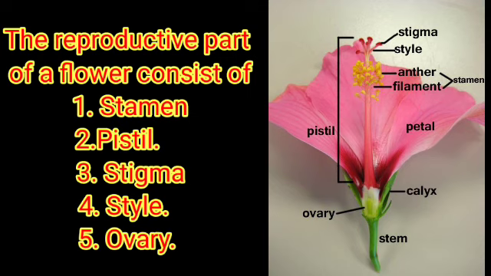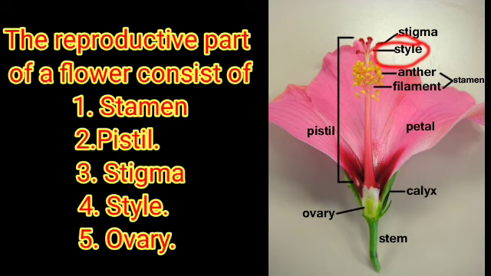The pistil consists of stigma, style and ovary. The stigma is the topmost part, the receptive tip of the carpel in the gynoecium of a flower.